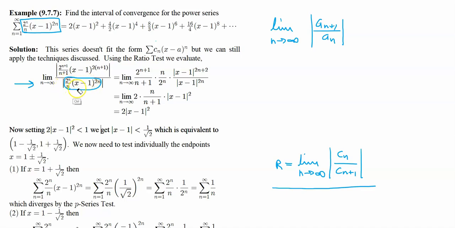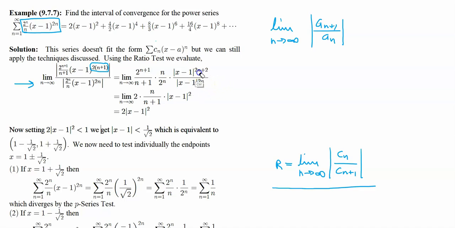Now we need to simplify this, evaluate it, and then set it less than 1, and we will get our interval of convergence. Simplifying this, notice that this exponent right here simplifies as 2n plus 2, of course. And then in the denominator, you have x minus 1 to the 2n right there.